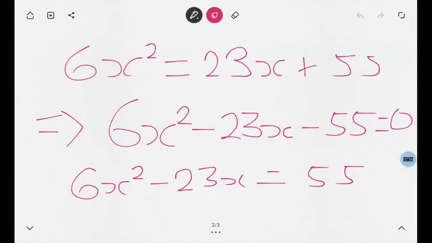The next thing we need to do after equating the whole equation to the constant is to divide through by the coefficient of the x squared, which is 6.